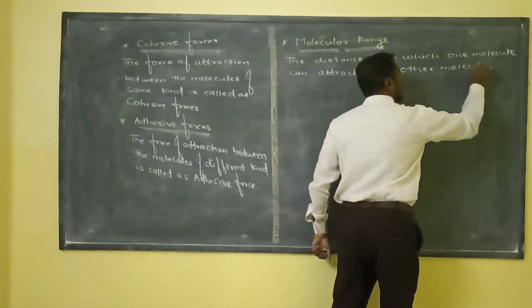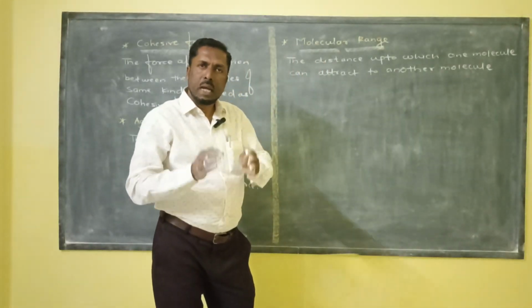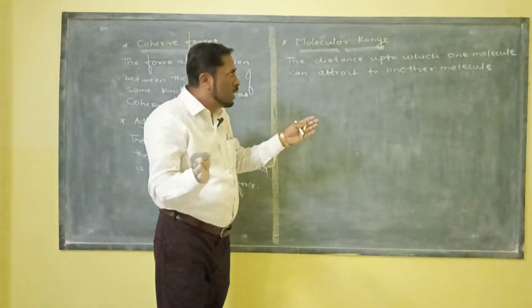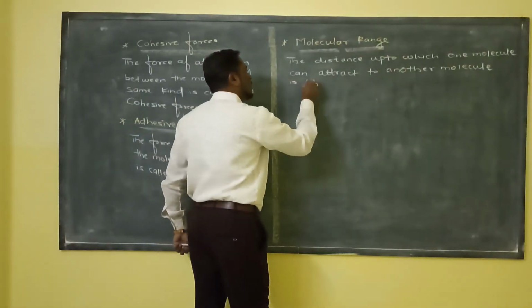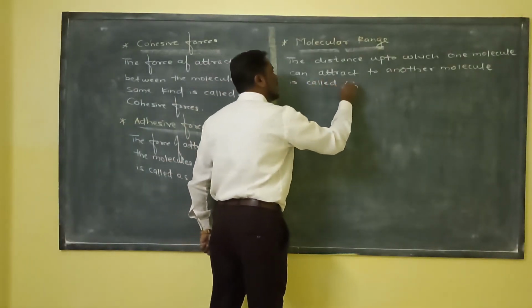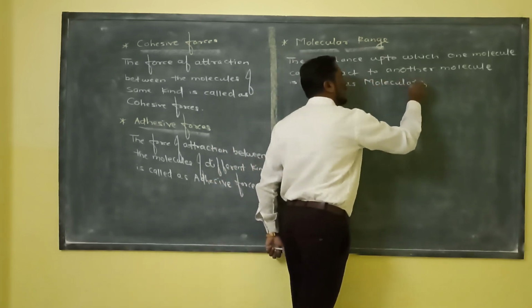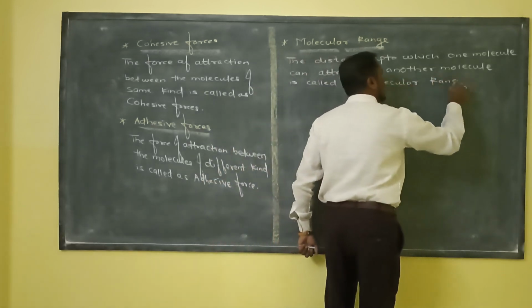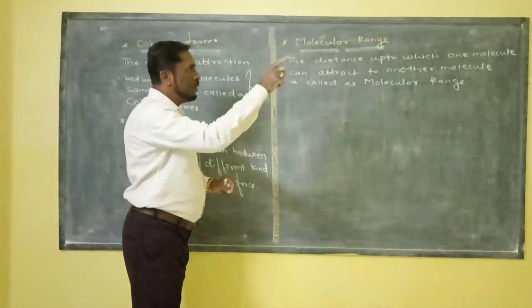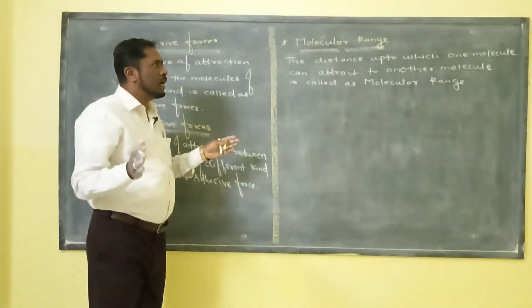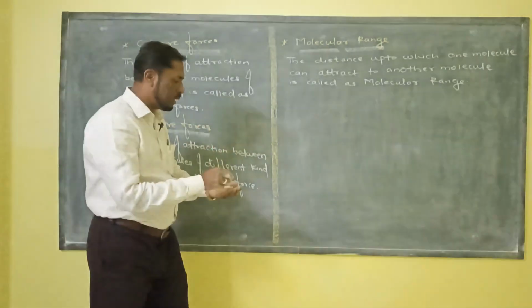What do we understand by molecular range? It is the distance up to which one molecule can attract another molecule, and it is called molecular range.